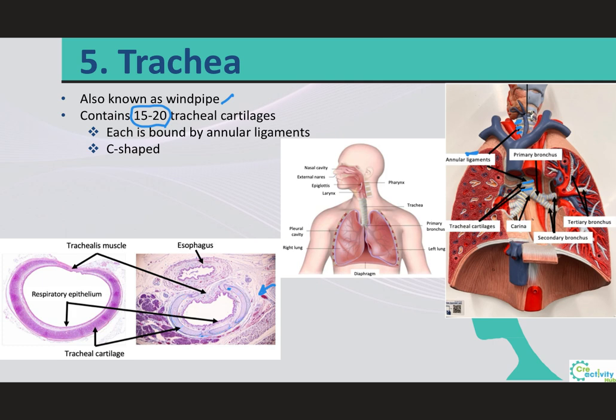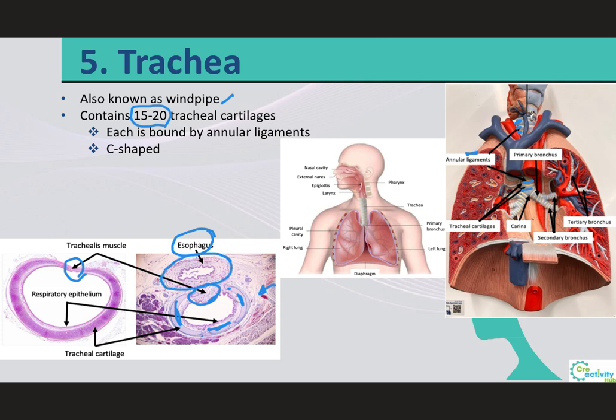Therefore, we can say that the closed portion of the C protects the anterior and the lateral surfaces of the trachea, and the open portion of the tracheal cartilages will face posteriorly, therefore towards the esophagus, as we can see right over here from this image.